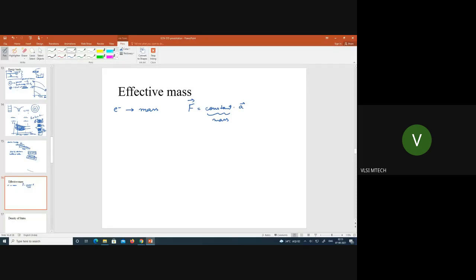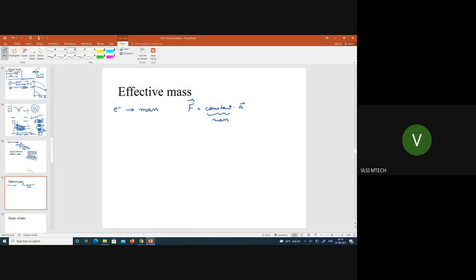Now, effective mass is something different. If you remember, in the beginning of the lecture I said that these are not in the strict sense free electrons, like they are not in vacuum. They are still in the silicon lattice. So they are being acted upon by internal forces because of the various silicon atoms and other electrons present in the lattice.